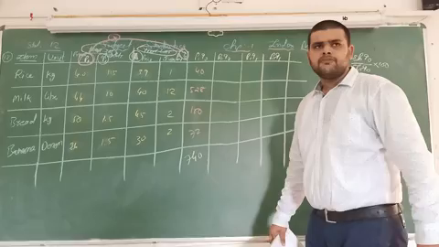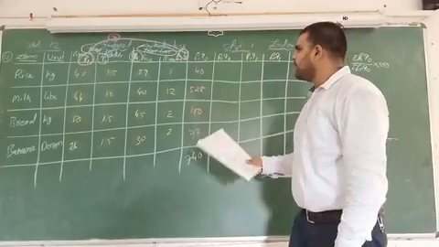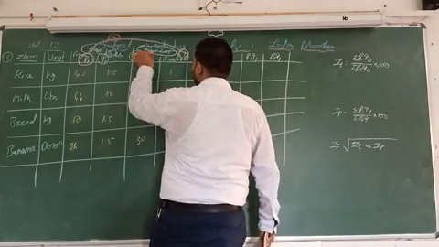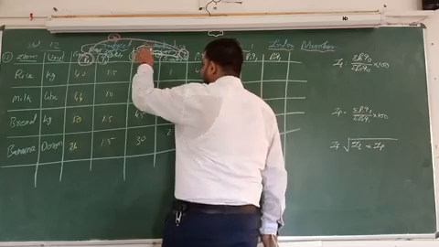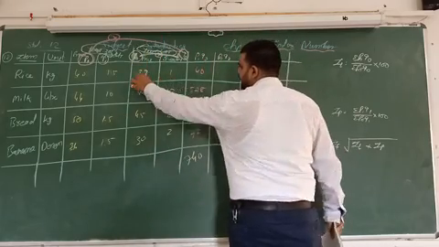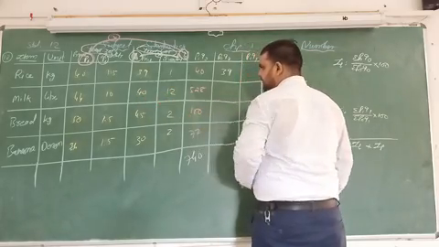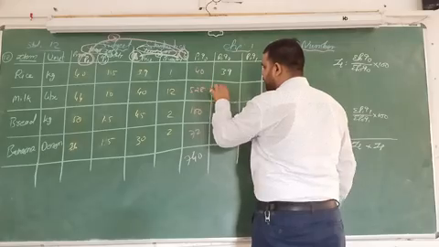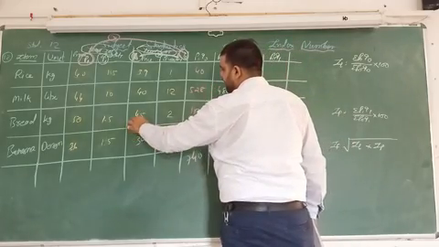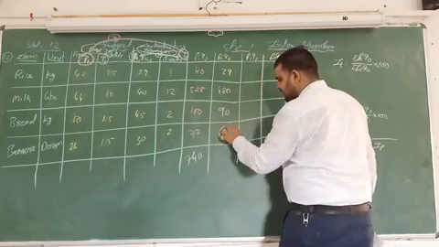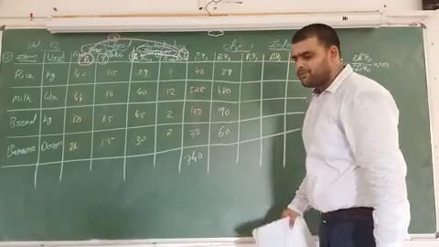So this is first. Now second, P0 Q0. Here P0 and here Q0, so multiply both things. Here 39 into 1, that is 39. 40 into 12, 480. 45 into 2, that means 90. And 30 into 2, it means 60. Again, what we have to do?